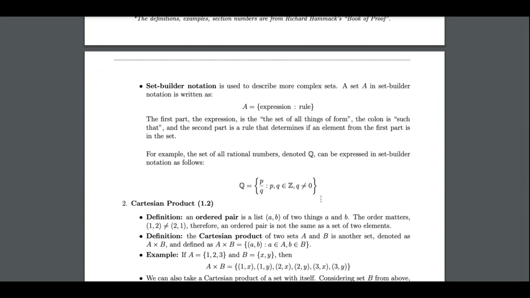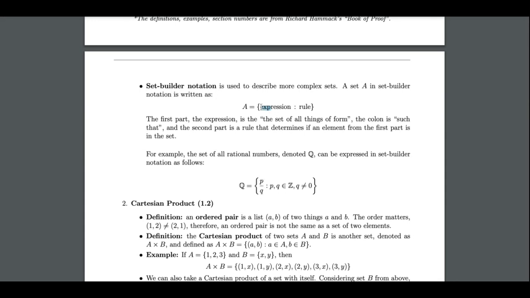So think about the number pi. Pi is an irrational number. Pi divided by 2 wouldn't be a rational number, or square root of 2 divided by 3, that's still an irrational number.